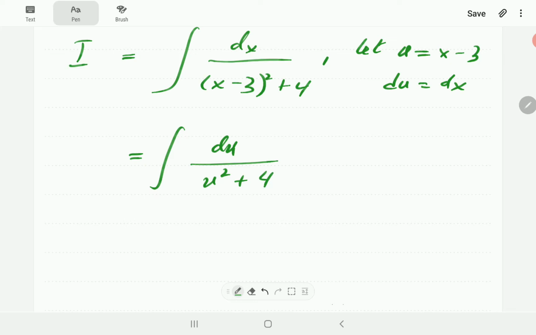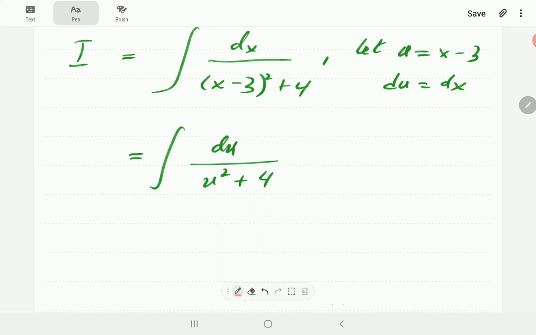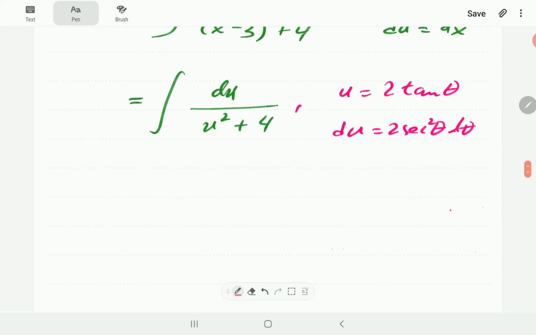By so doing we now have a quadratic in the denominator where the middle term, or the u term, is absent. From what we did in parts 1, 2 and 3, we know this is going to be a tangent substitution, and our a is 2, so du is going to be 2 secant squared theta d theta.